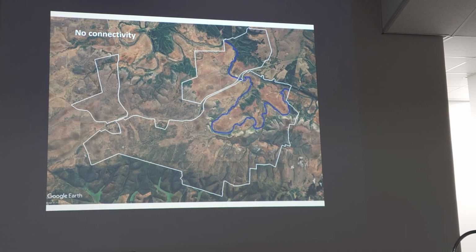So there's no connectivity. Animals couldn't move through. And we knew that eventually we wanted to expand the land and we wanted to provide connectivity. So that got us thinking. We had a drone used for more anti-poaching and security, and we had the drone, so we wanted to use it for other things.